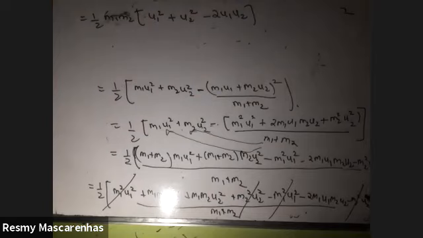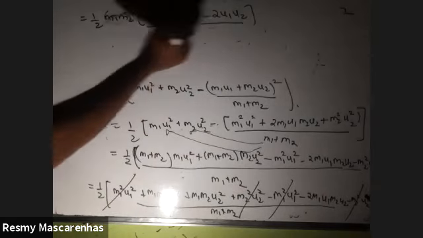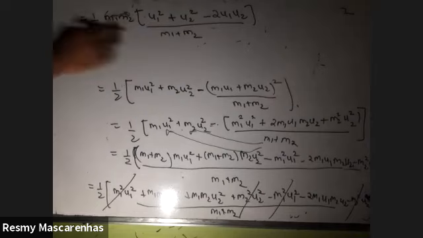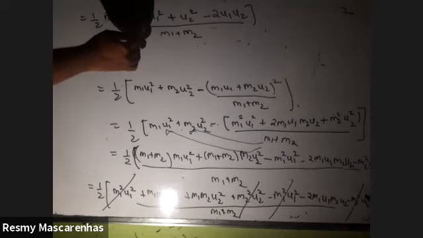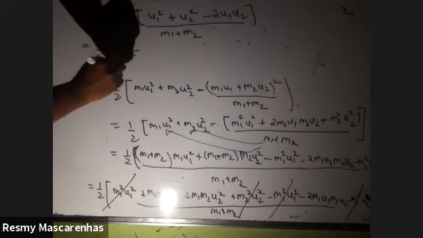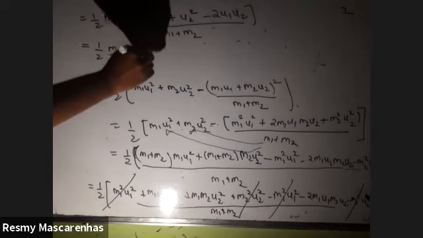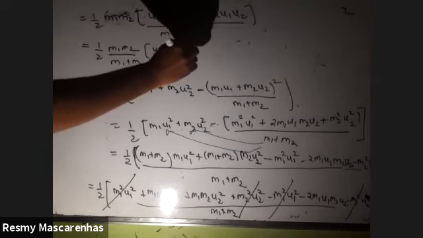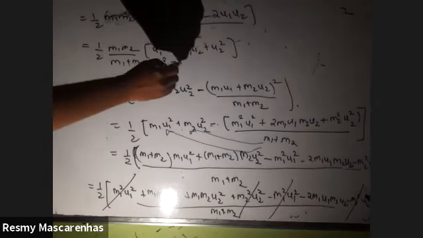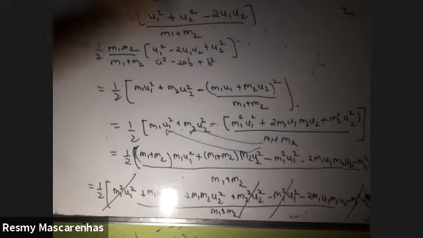And then this denominator is there, m1 plus m2. So I'll just write it here. So basically what is this formula? A square minus 2ab plus b square. So I'll just arrange it in that form. u1 square minus 2u1 u2. This is basically in the form of a square minus 2ab plus b square.